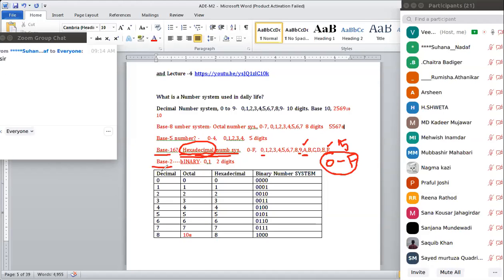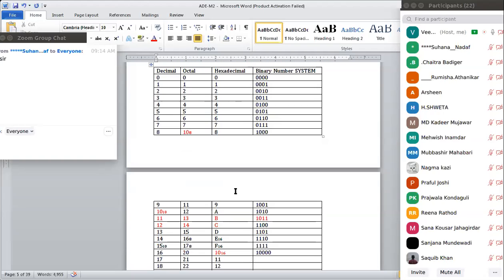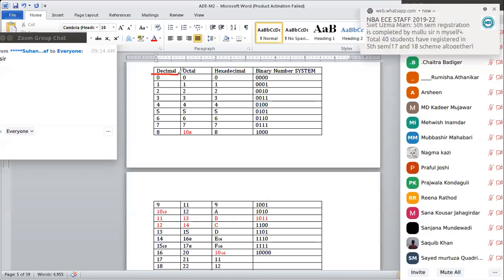So with a simple table here, we can come across this. Let us consider this table, where the decimal, octal, hexadecimal, as well as binary number systems are there.